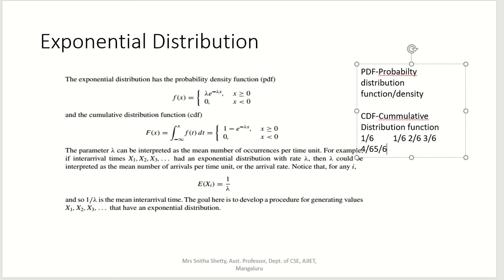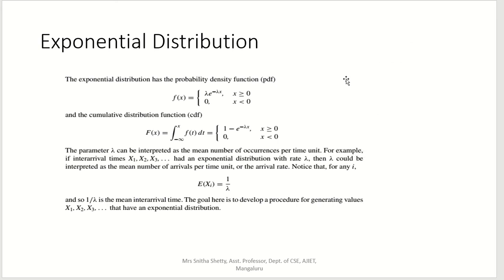And the probability of 6 is 6 by 6. When you add all this, it is cumulative addition. The probability distribution gives 1 by 6 for each outcome. The cumulative probability, 1 by 6, 2 by 6, up to 6 by 6, is called the cumulative distribution function.